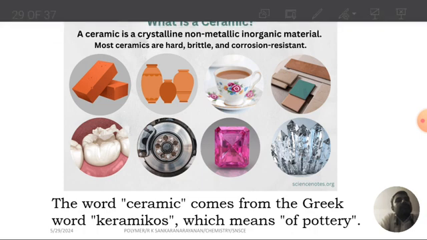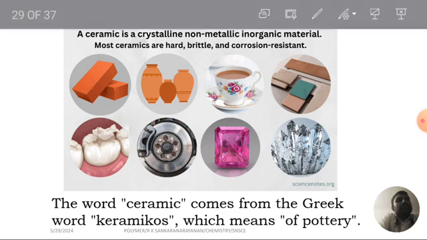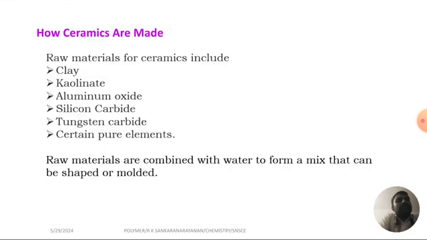That's the reason we are explaining ceramics: how ceramics are made. The raw materials for ceramics include clay, carbonate, aluminum oxide, silicon carbide, tungsten, and certain pure elements.